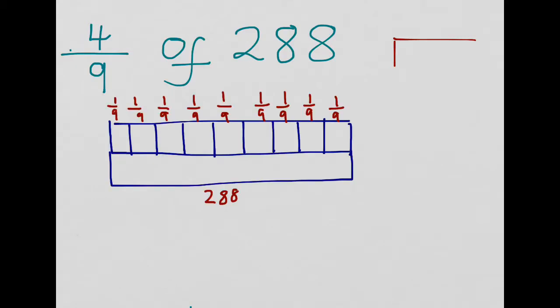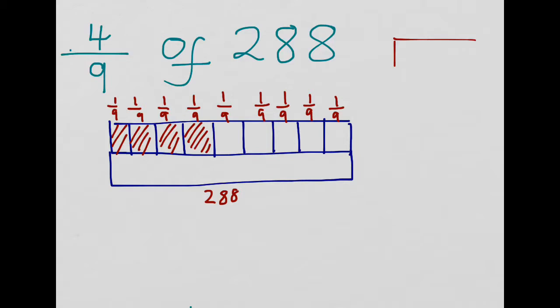So I'm hoping you've drawn this bar out so far, and 4/9 of 288 we would be shading in that. Now if you haven't got that far, I would suggest you press pause again now and you just review that bar, because this is the key part.